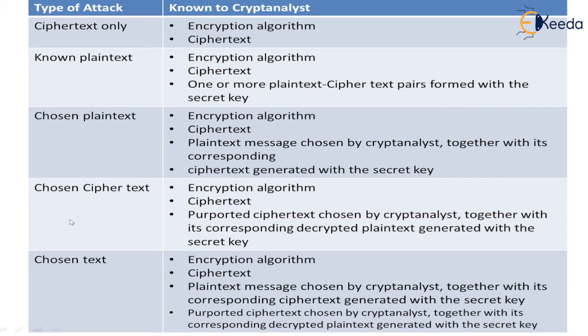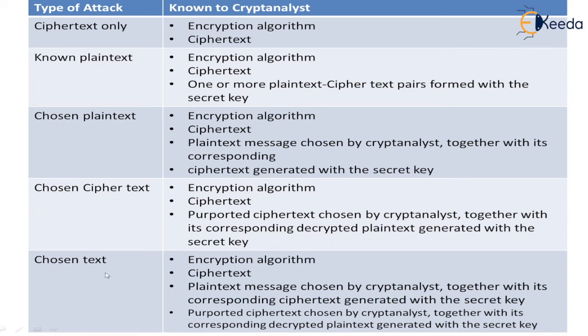For chosen ciphertext, along with these two parameters, some purported ciphertext is chosen by the cryptanalyst, together with its corresponding decrypted plain text generated with the secret key. As it is ciphertext related, it is related to the decryption process.